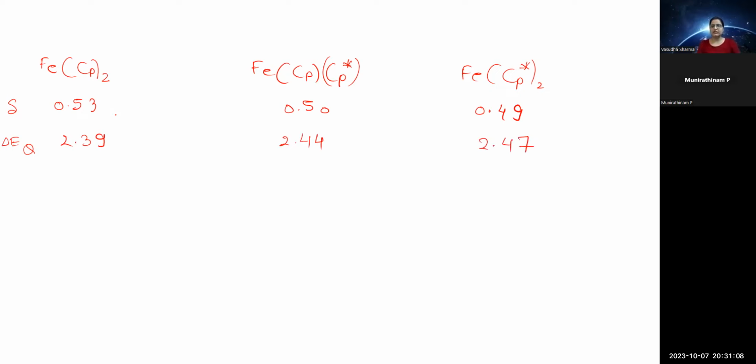So you can see the isomeric shift delta value is decreasing and quadrupole splitting is increasing. Why is it happening?